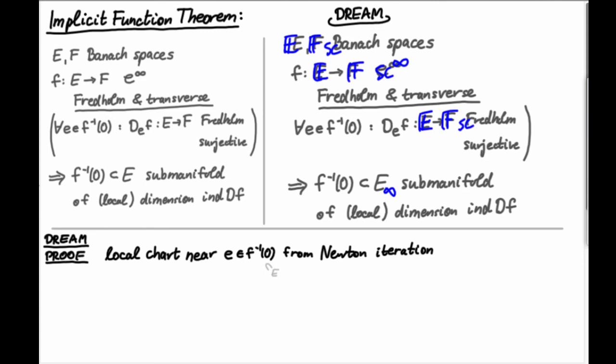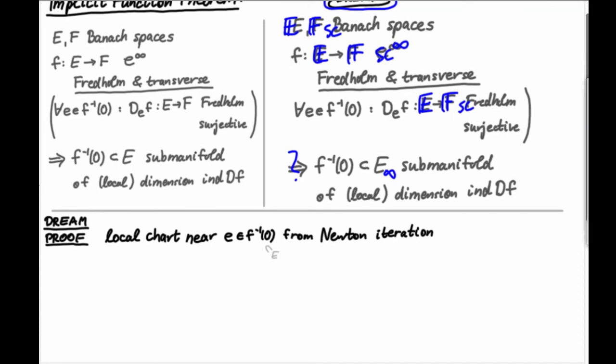And transversality still means they're surjective. Well, that's a dream. So can we prove that we're getting finite dimensional smooth submanifolds? So, well, let's see.